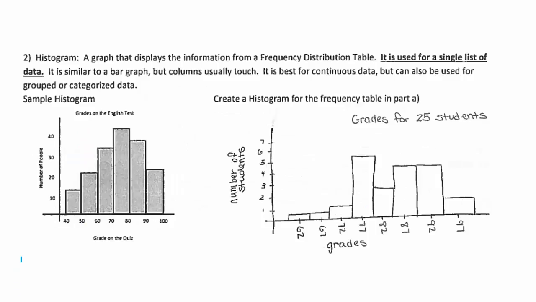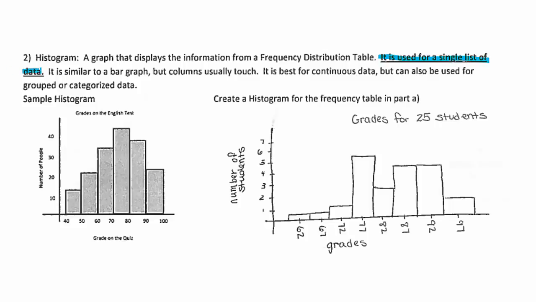When we have a frequency distribution table, we want to display it in a graph. The graph that goes with this is called a histogram. A histogram looks very similar to a bar graph, but the columns typically touch. When you're working on your project, you know to create a histogram when you have a single list of data.